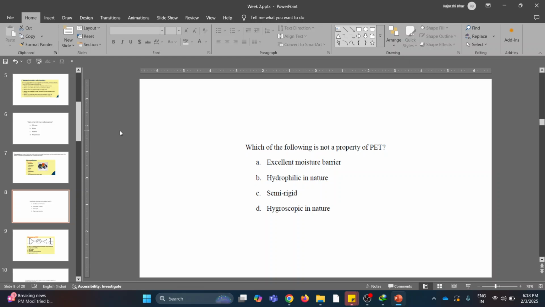So the correct answer for this particular question is option B. That is hydrophilic in nature.